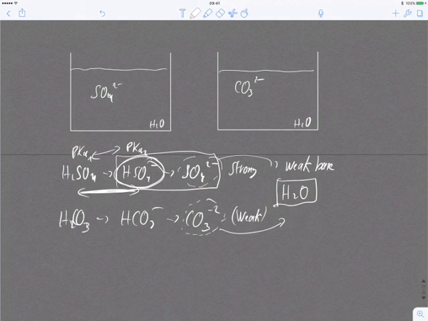As an example for our bucket of water here, if I'm putting HCl, which is a strong acid, you're adding H plus, Cl minus in this case. What will happen to this H plus here? You have water, you have sulfate. We saw that in this case, because it's a strong acid, sulfate will not attract the proton.